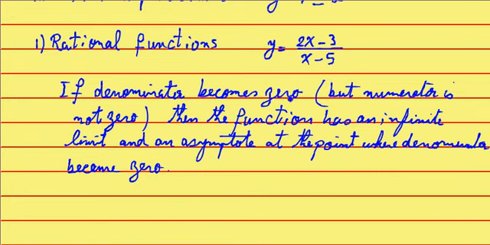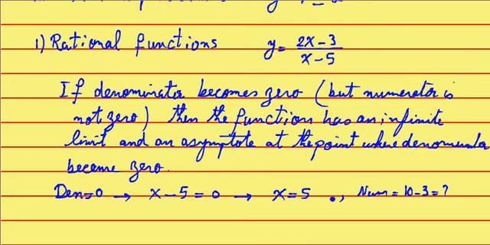So, for example, when you are facing this function, you set the denominator equal to 0. That tells you that x minus 5 is set equal to 0. That in turn tells you x is equal to 5. You go and check the numerator. The numerator at this point becomes 2 times 5 minus 3, which is 10 minus 3, that is 7. That is obviously not 0.